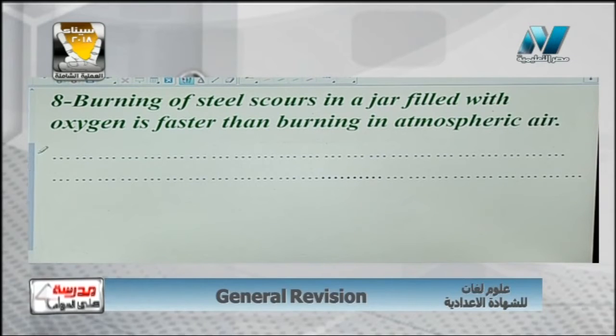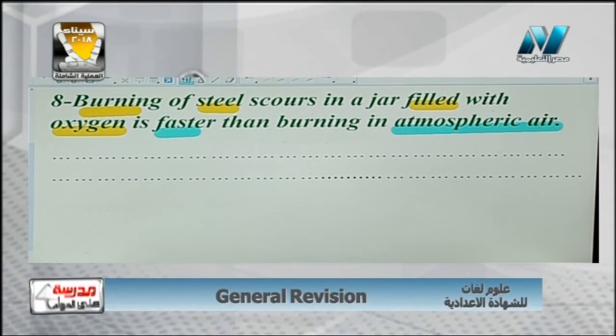We talk about concentration ولا we talk about the surface area ولا temperature. طبعا هنا بيقول لي burning حرق steel source يعني حته او مقطع من الستيل في oxygen بس faster than burning in atmospheric air.